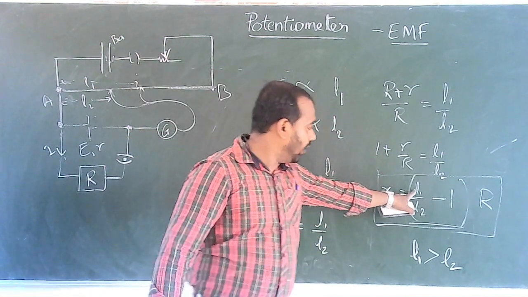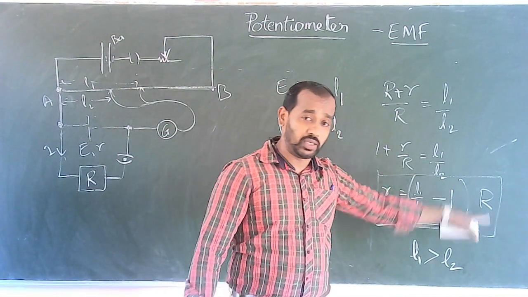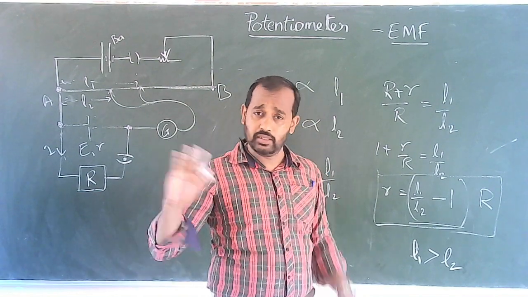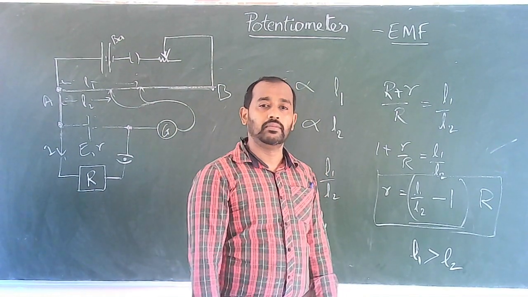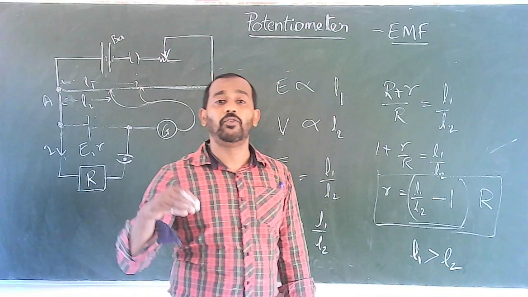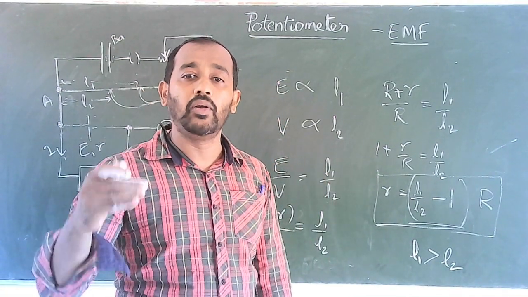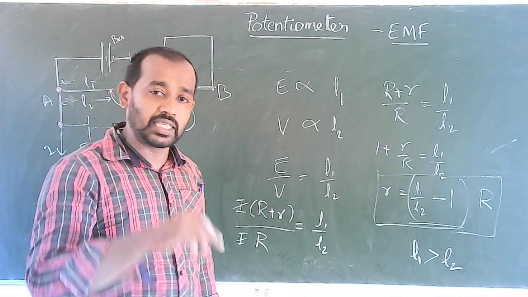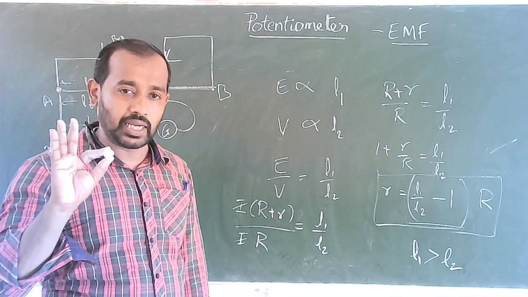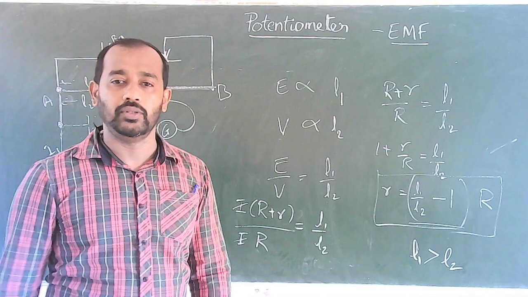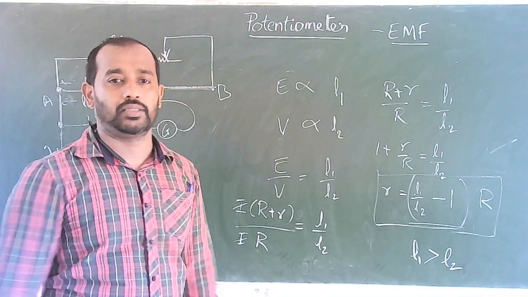Therefore, it should be L1 divided by L2 minus 1, not L2 by L1 minus 1. That will be negative. So even if you calculate something and get the answer, you should be able to analyze whether this answer is correct or wrong. If you know the theory correctly, then you will be able to do that. Otherwise, it will be difficult.